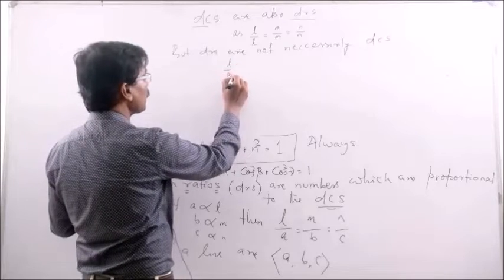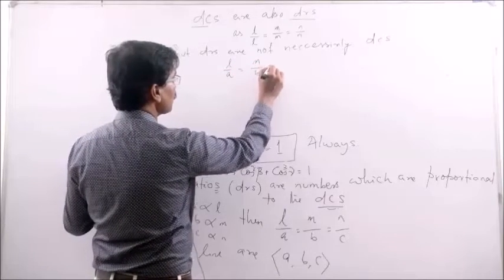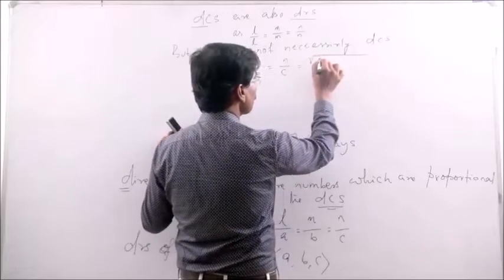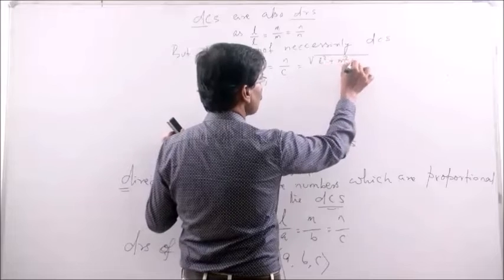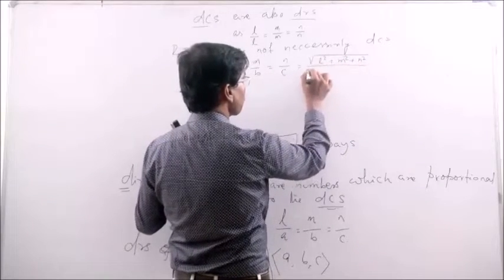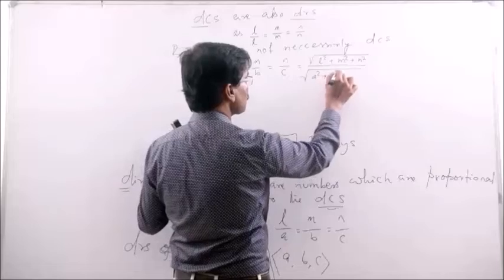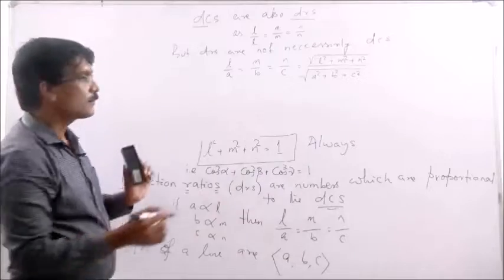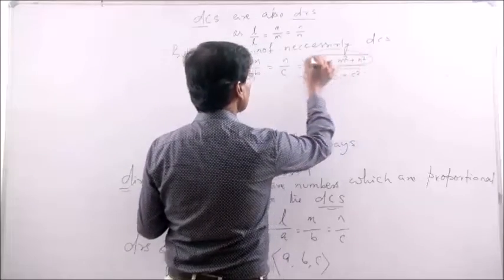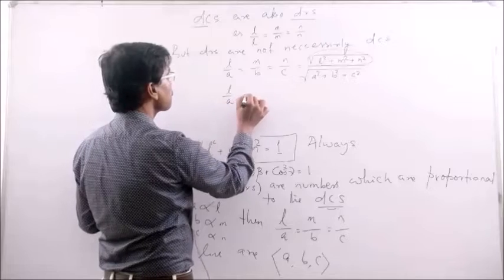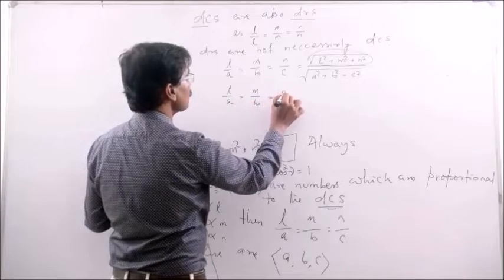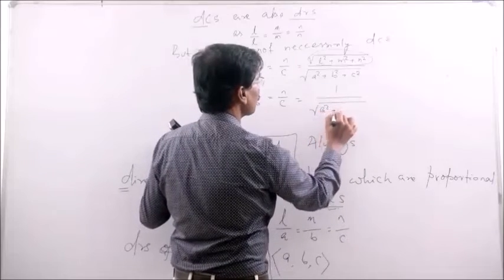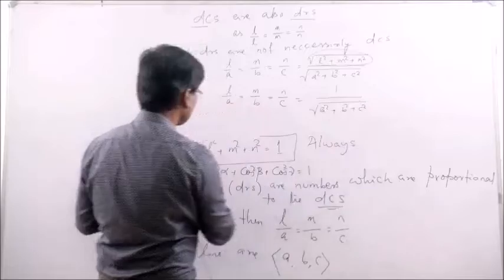So, how to change from direction ratios to direction cosines? L by A is equal to M by B is equal to N by C, which is also equal to root over L square plus M square plus N square by root over A square plus B square plus C square. As L square plus M square plus N square is equal to 1, this quantity is 1. So, L by A, M by B, N by C is equal to 1 by root over of A square plus B square plus C square.